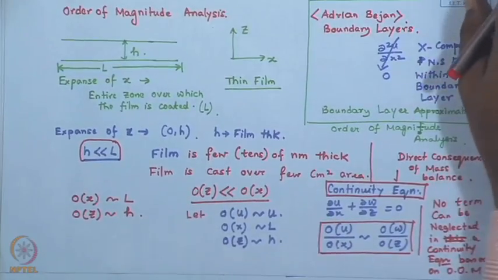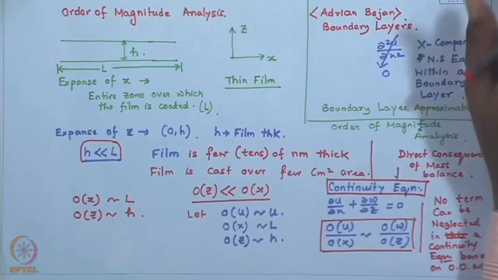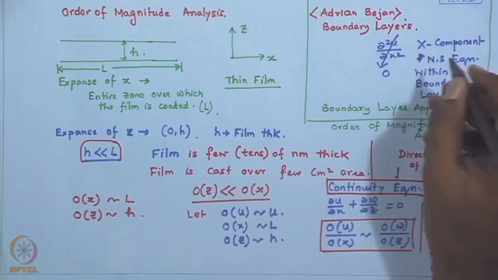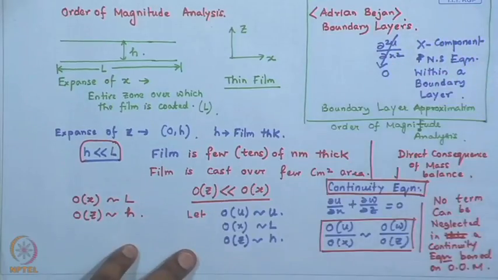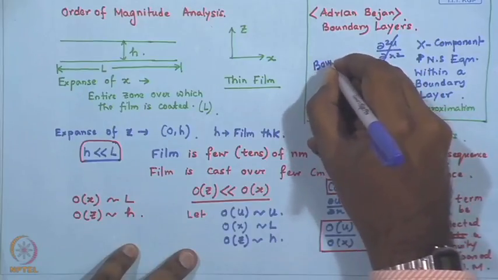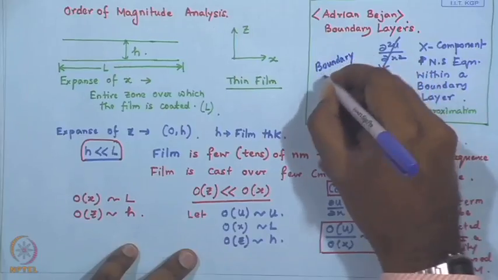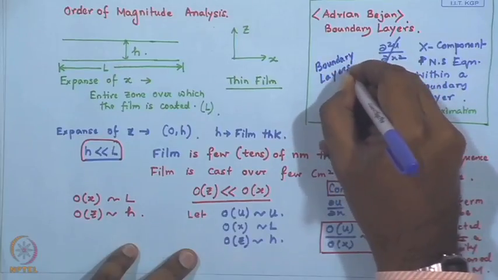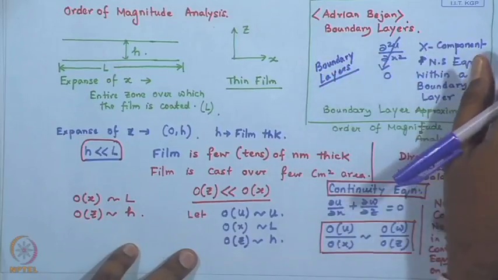We briefly talked about how to perform an order of magnitude analysis, and I told you to refer to derivations related to boundary layers in any standard textbook like Incropera, DeWitt, or even McCabe Smith maybe, but Fox McDonald for sure. Adrian Bejan, of course, is one of the key figures of order of magnitude analysis and of popularizing it.